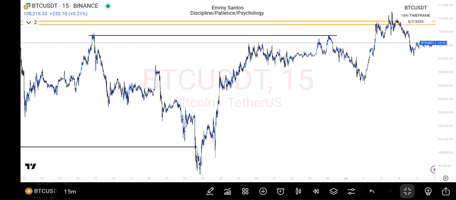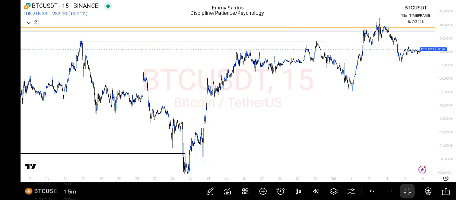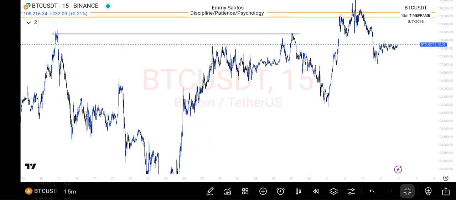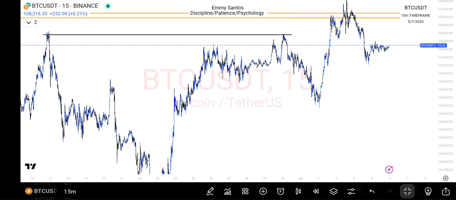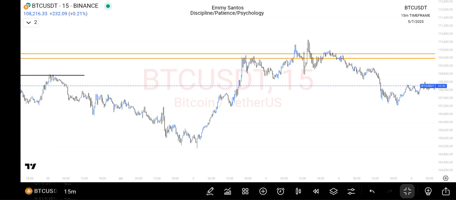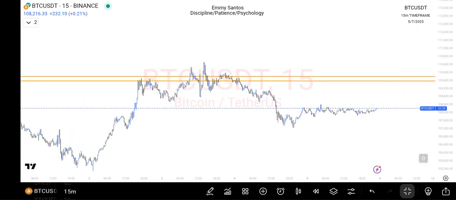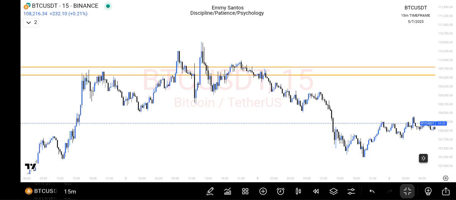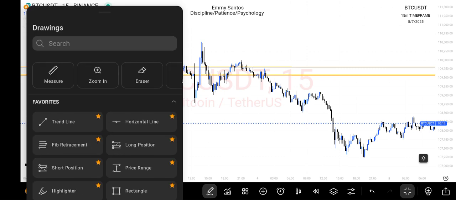Since price has tapped into our POI, I'll come here and look for a valid confirmation. Since this high here is a very strong high, and it is swept, I'll look for a valid confirmation.